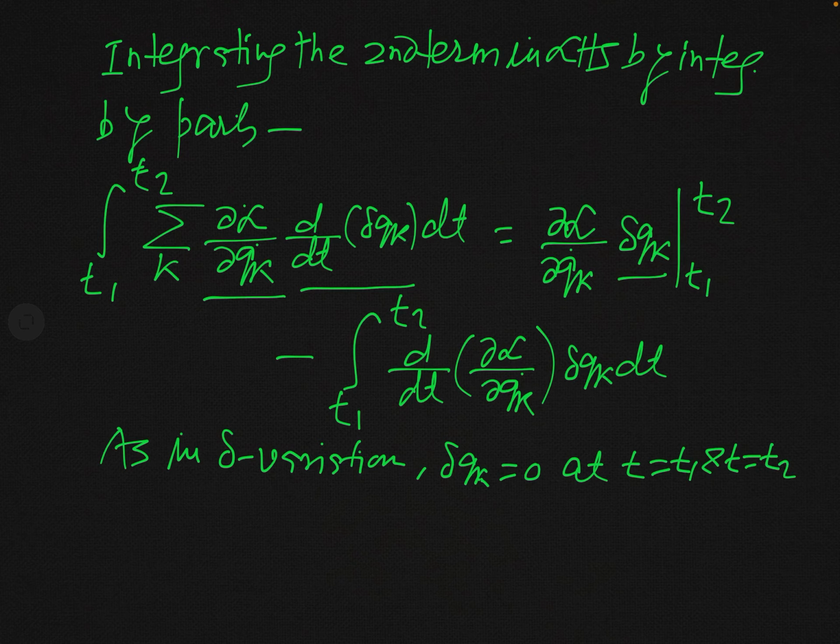Therefore, this del L by del qk dot delta qk at t1 and t2 will be equal to 0. And if it is 0, then the second term will be actually equal to minus this much.